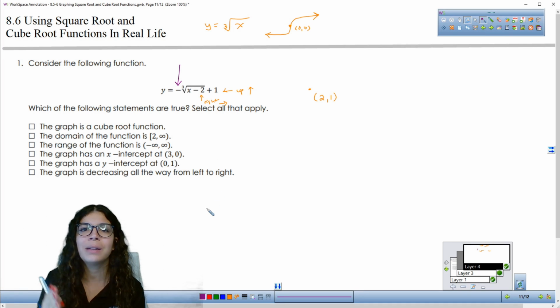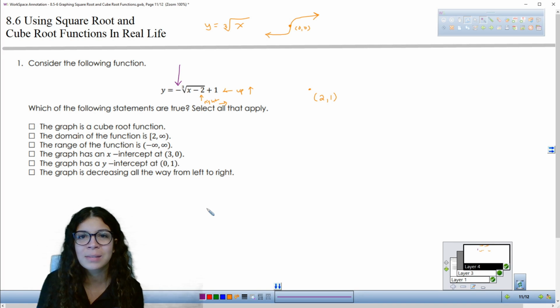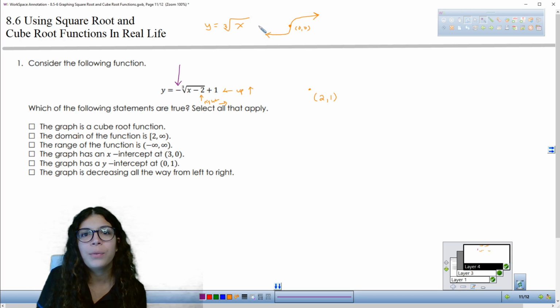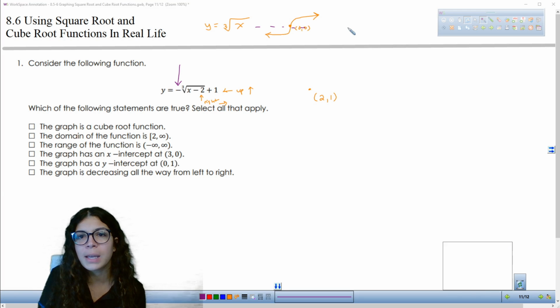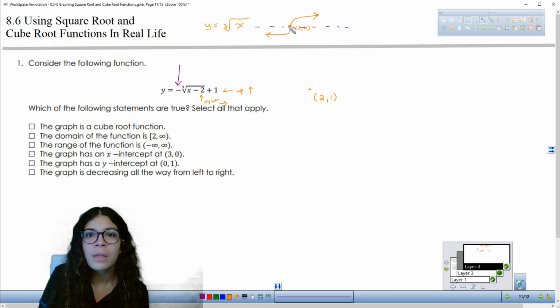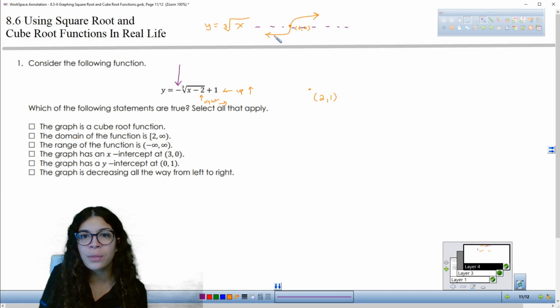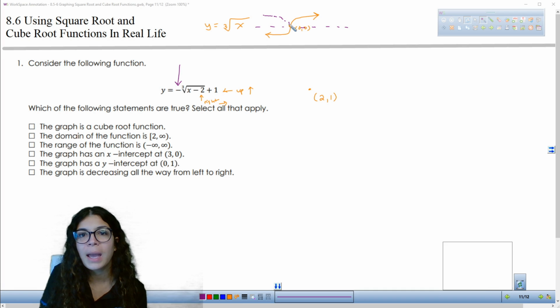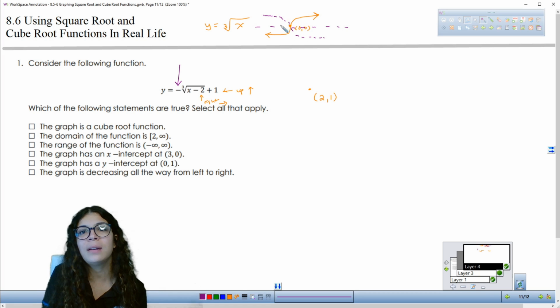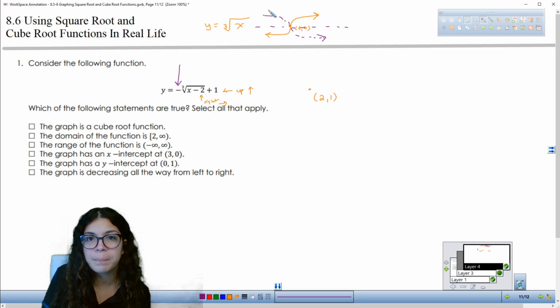So you're changing the sign of the Y, which means you're going to reflect over the X-axis. So imagine if we had an X-axis here, and I reflected over that, now this bottom part will actually be up, and this top part will actually be on the bottom. So instead of going from the bottom and up, you're going from the top to the bottom.